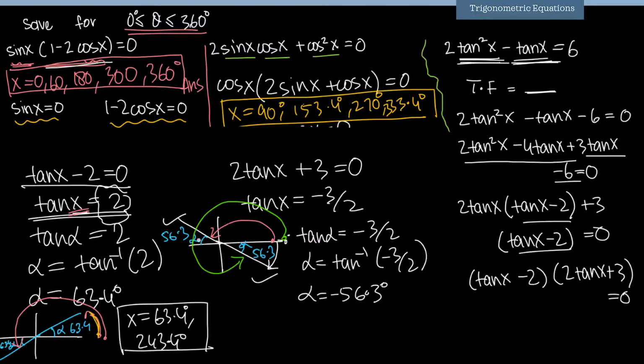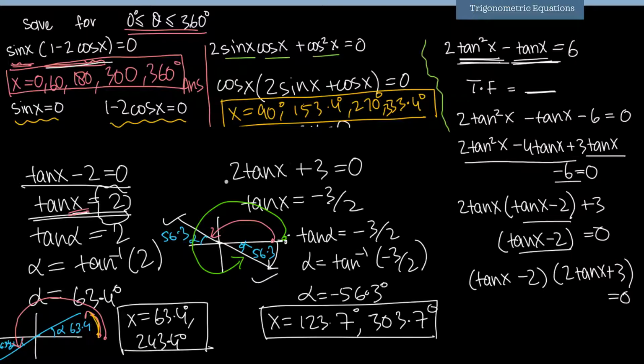This first red angle is going to be 180 minus 56.3 and that is 123.7. So x is equal to 123.7 and this green angle is 360 minus 56.3. So 360 minus 56.3 is equal to 303.7. This is the second angle. So this is the answer for this part of the equation.